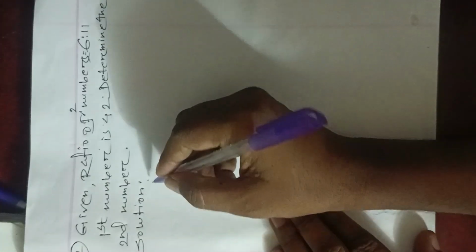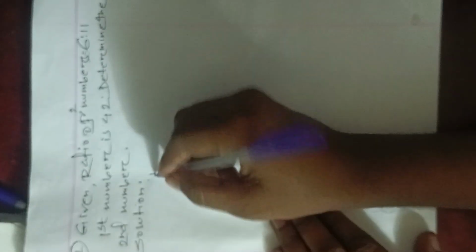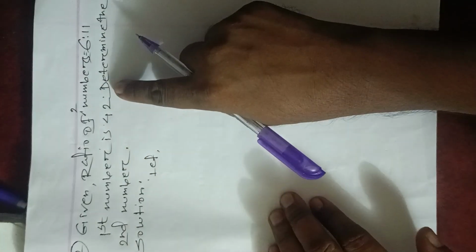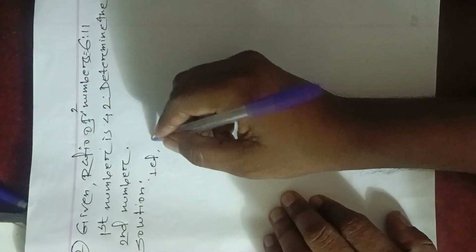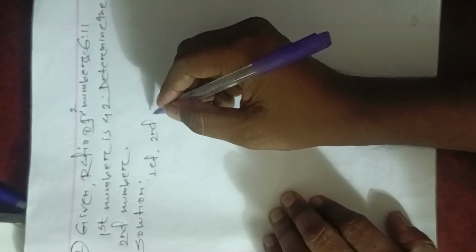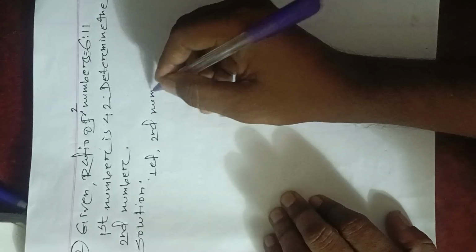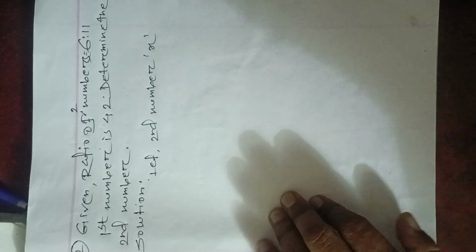In this case, our first function is let the number which is absent. We should let the second number. Here absent is second number, so we can let second number be x.